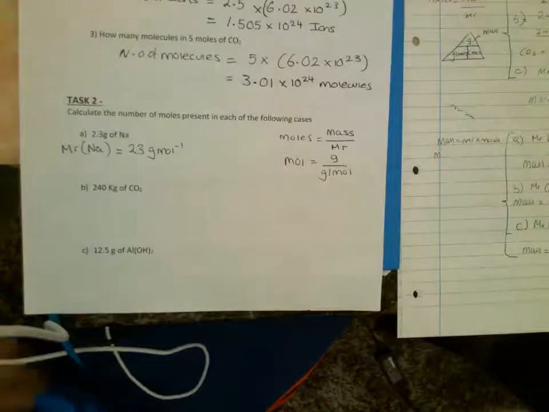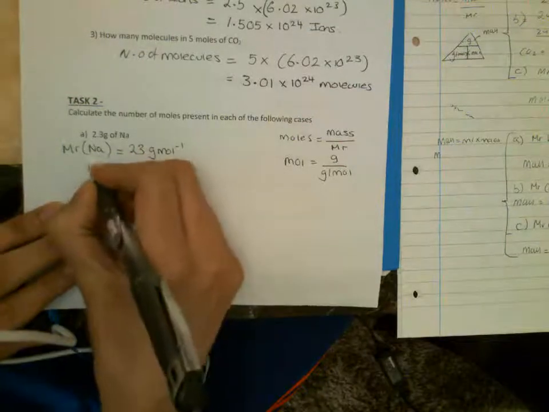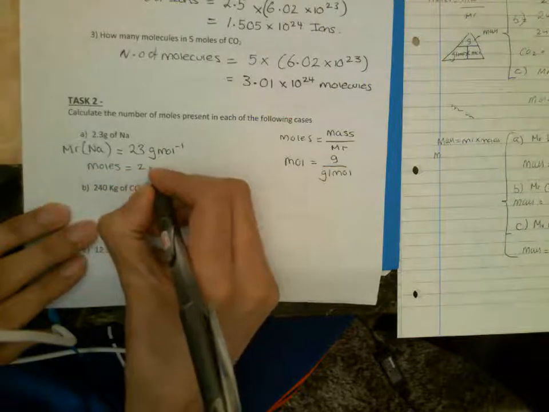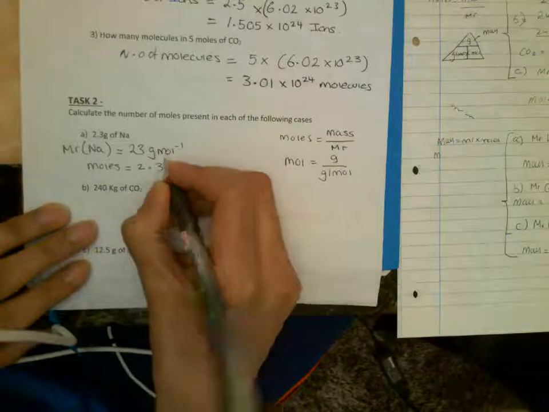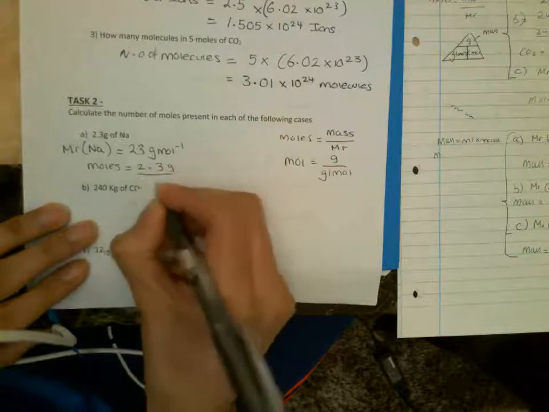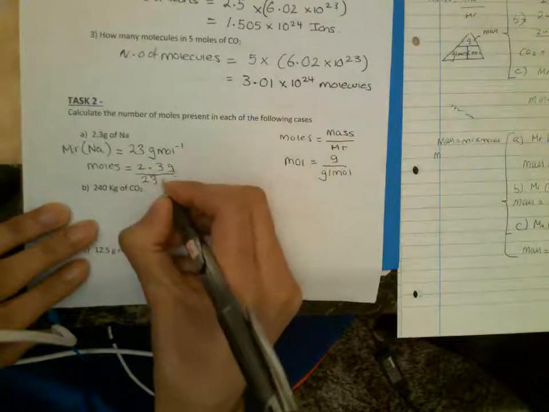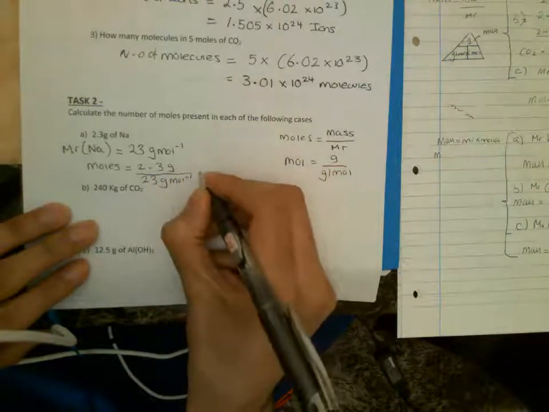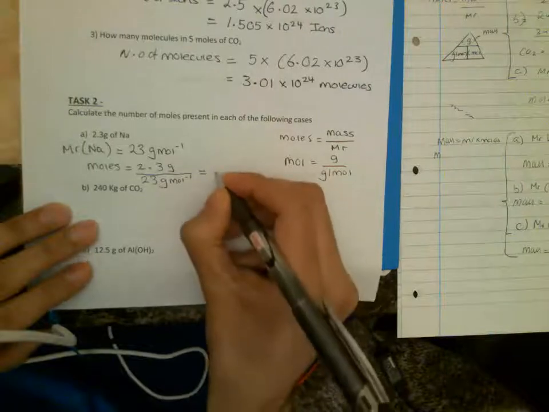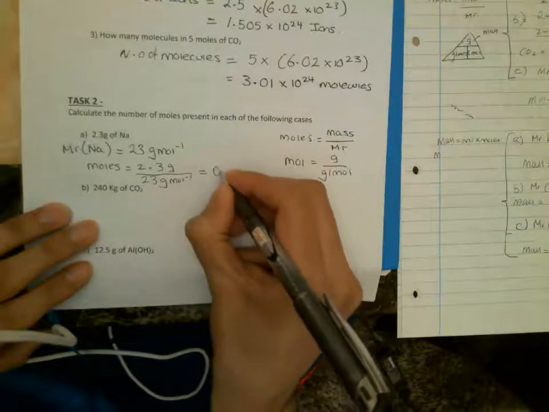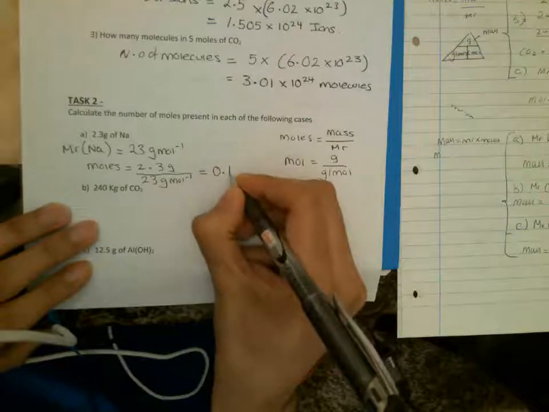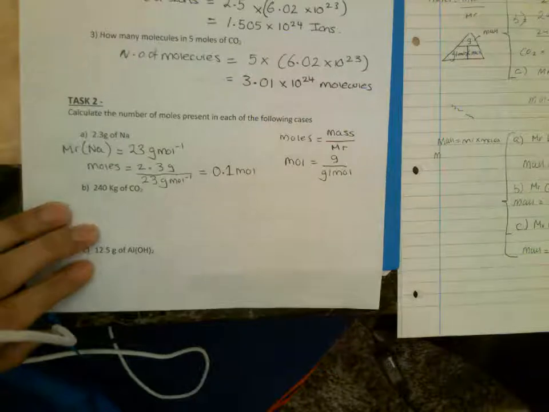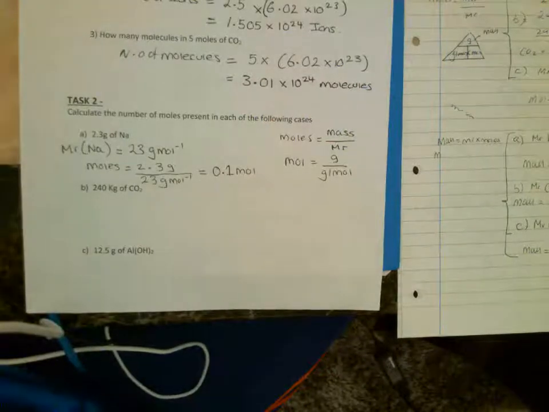So all we would do is moles equals the mass that we have, which is 2.3 grams, divided by our MR, which is 23 grams per mole. And we would get an answer of 0.1 moles. Easy as that.